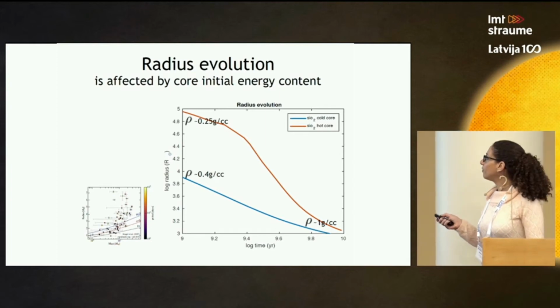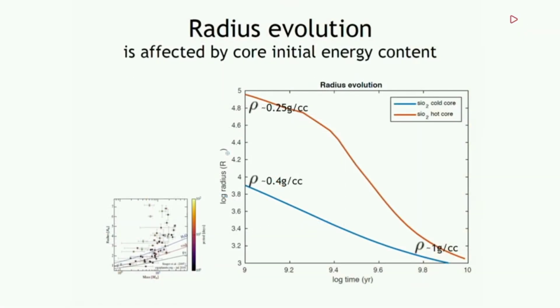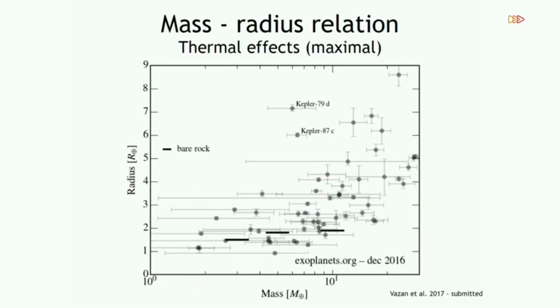What we actually have here is the same planet, same composition and structure, but with different thermal evolution scenarios, and we can infer very different mean densities for this planet. So we did this for a series of thermal properties of the core, and we translate it to uncertainties in the radius-mass relation. And this is kind of a summary of it.